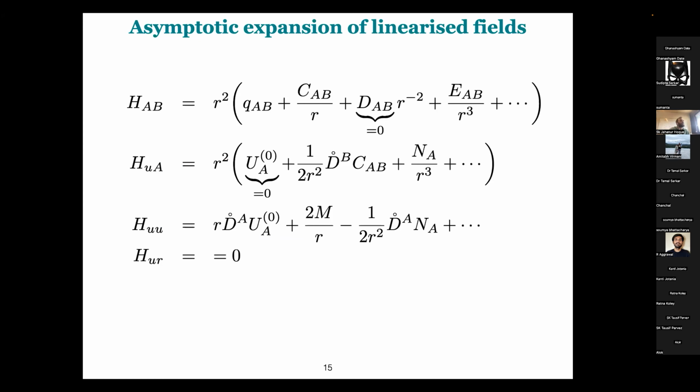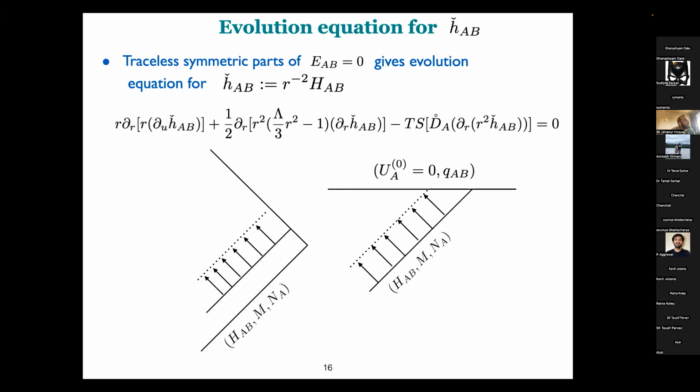Now, say I have all the boundary data on a null hypersurface, and I want to construct the nearby hypersurface in the null direction. Then you have to look at the traceless symmetric part of E_AB equals 0 of the Einstein equation. You can see this equation involves the del U derivative of h_AB.